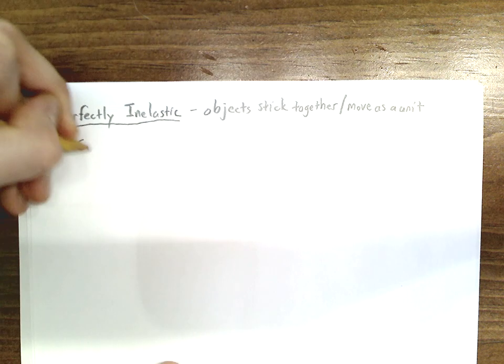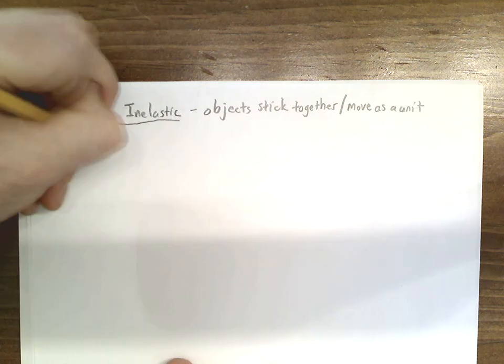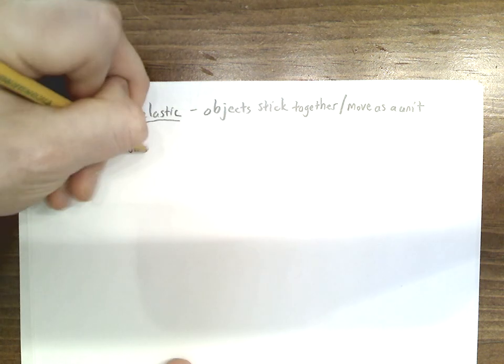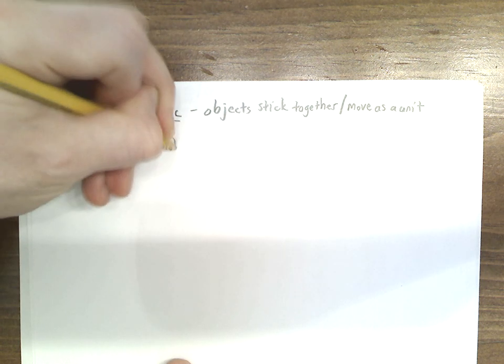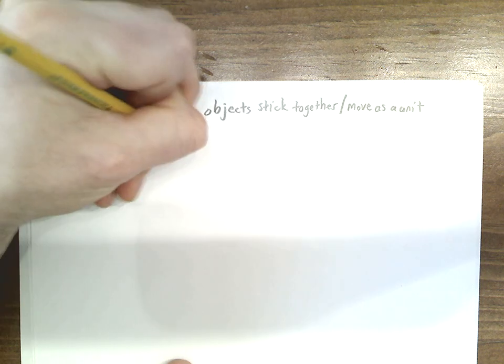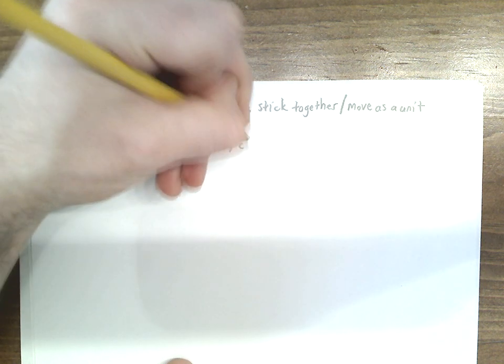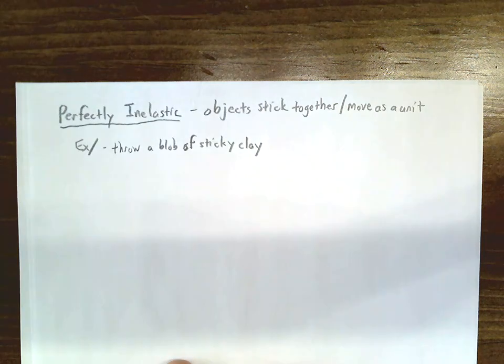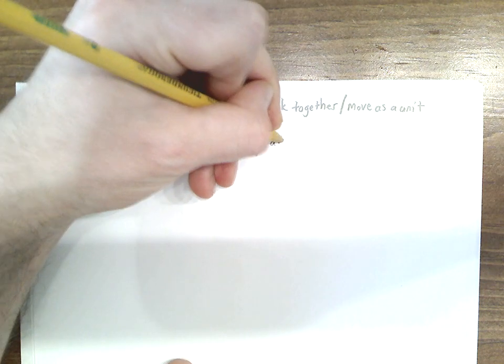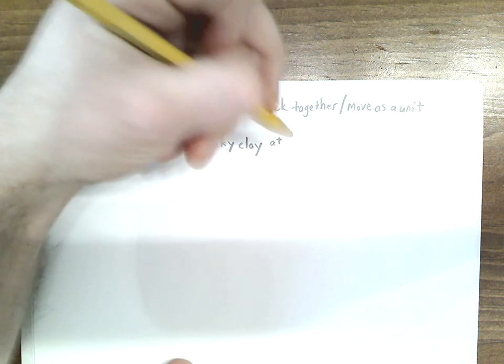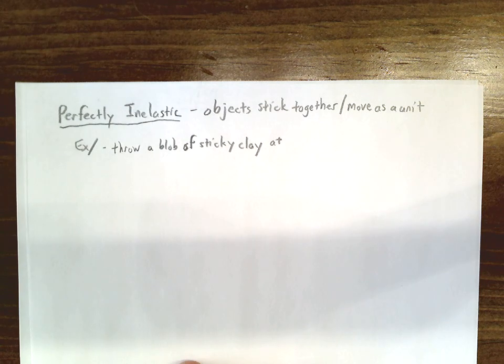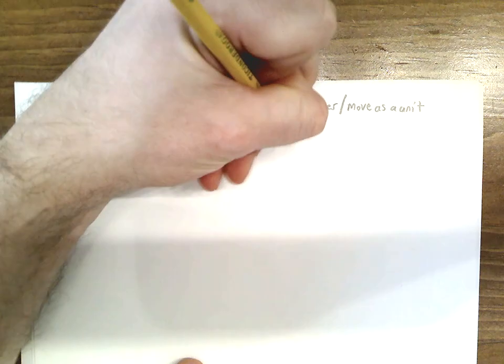Physics textbooks love examples like you throw a blob of sticky clay at a wooden block on a table, and they glom together and move together as a single object. You had two objects that were apart, and now you have one object together after they collide.